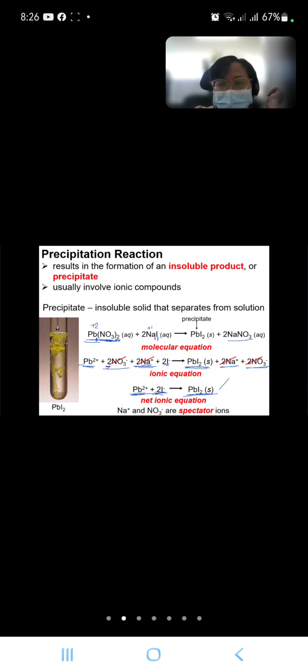So if ever mahibaw-an nato nga mali ang atong net ionic equation kung ang atong gisulat diri is sodium ion, 2 moles of sodium ion plus 2 moles of iodide ion, ang atong product is lead 2 ion. How come na form si lead 2 ion nga wala may lead sa ato ang reactant, ang naa is sodium ion? In that case, we can say that our net ionic equation is wrong.